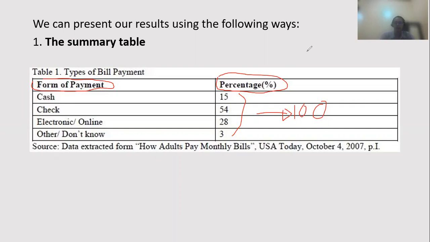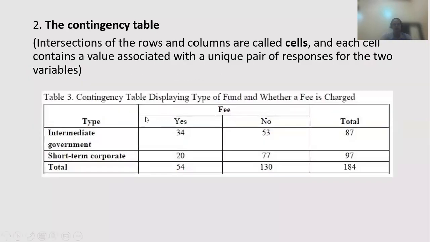Now let's move on to another type. There you go. It's what we call the contingency table. What is a contingency table? It's the intersection of the rows. The contingency table basically uses two pieces of information and compiles them in one table so that there will be an intersection between those two, which might be interesting enough.